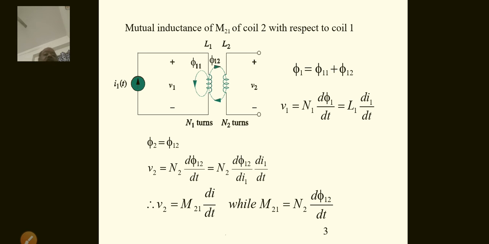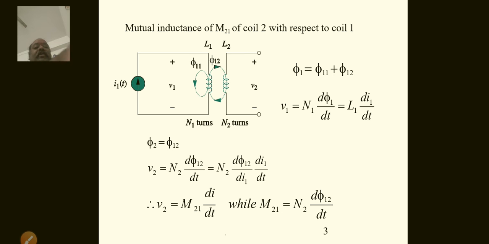Now, phi 1 is equal to phi 11 plus phi 12. What is phi 11? It is the flux in the first coil itself. Phi 12 is the mutual flux. Here phi 11 is related to coil 1 only, and phi 12 is related to both coils, where the coil inductances are L1 and L2 as shown in the figure.